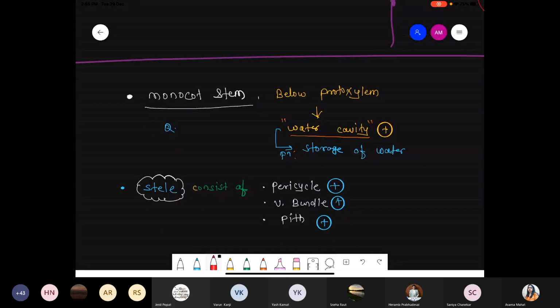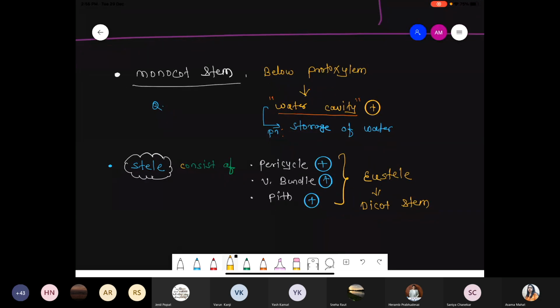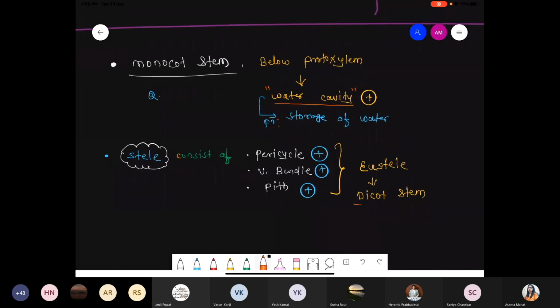So that's why in case of the dicot stem, such kind of stele is simply called the eustele. And eustele is the characteristic feature of dicot stem. Why are we using eustele? Because in case of the stele part in the dicot stem, there is a presence of the pericycle as well as the vascular bundle, as well as the pith cells.